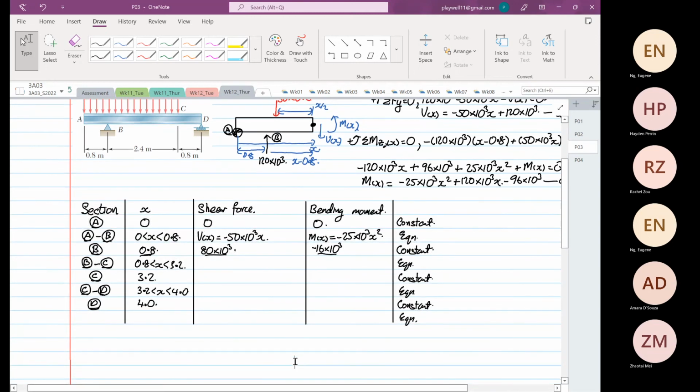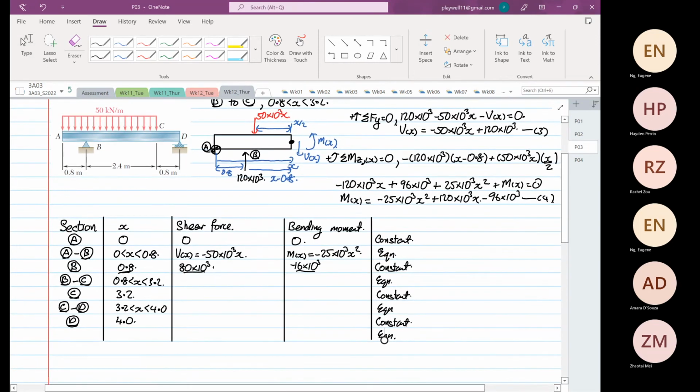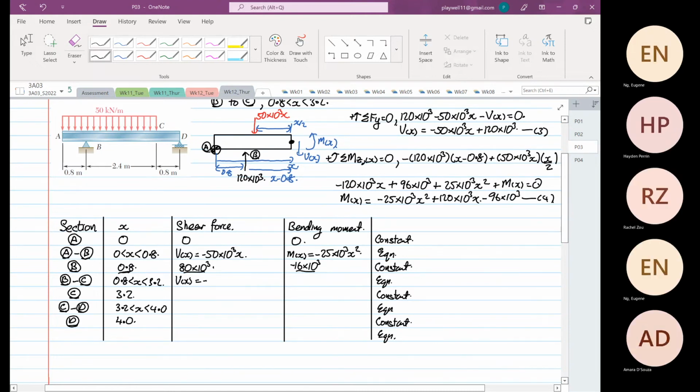So we will have minus V as a function of x is equal to minus 50 times 10 to the power 3 x plus 120 times 10 to the power 3.